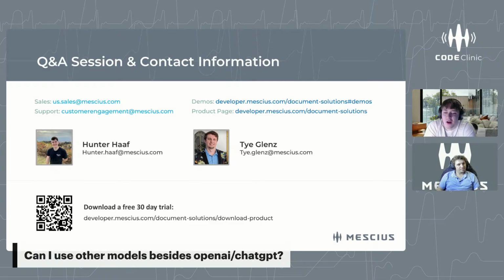Can I use other models besides OpenAI, ChatGPT? By default, it does use OpenAI. Just to make everything simple, you can just pass everything in that way, or you can also control the endpoint. We have a demo available where you can control the endpoint on your model that you're using.